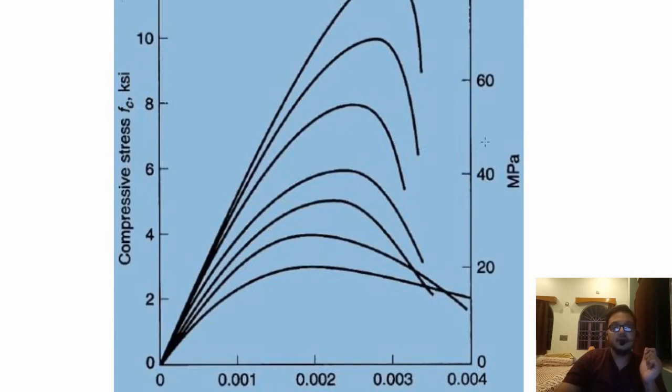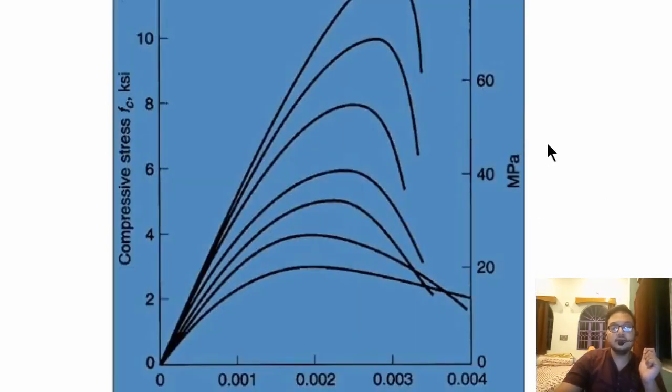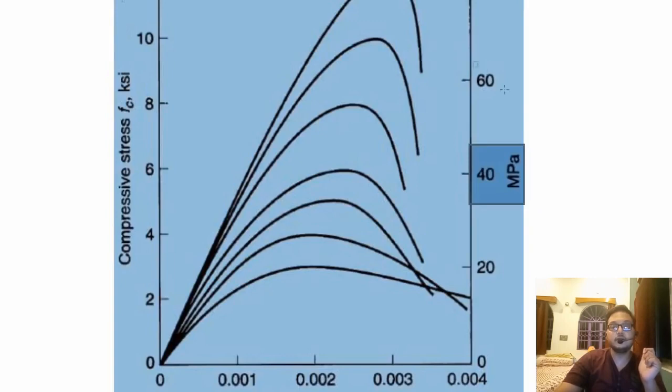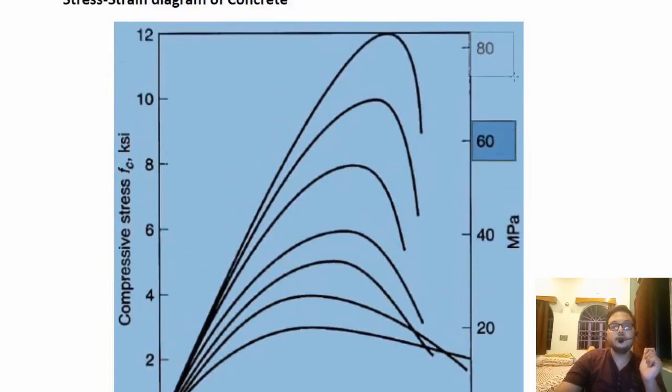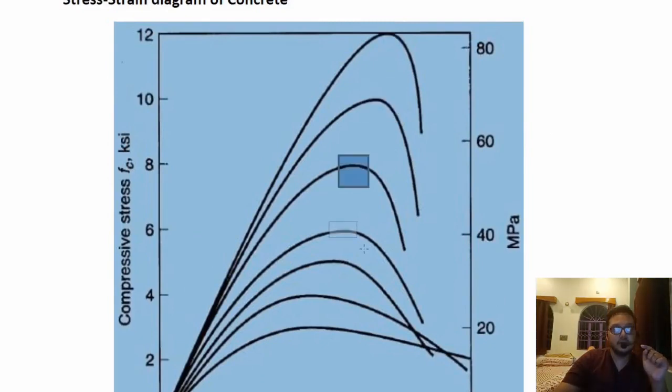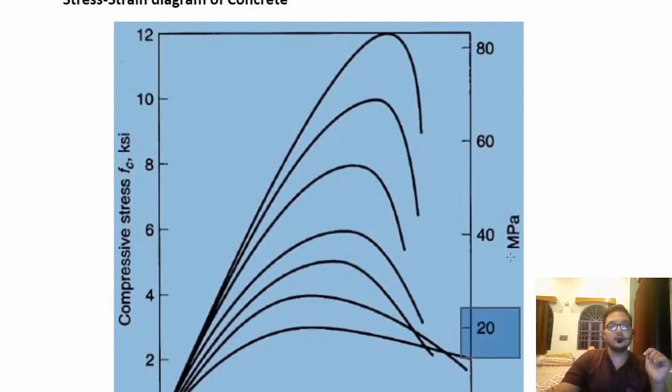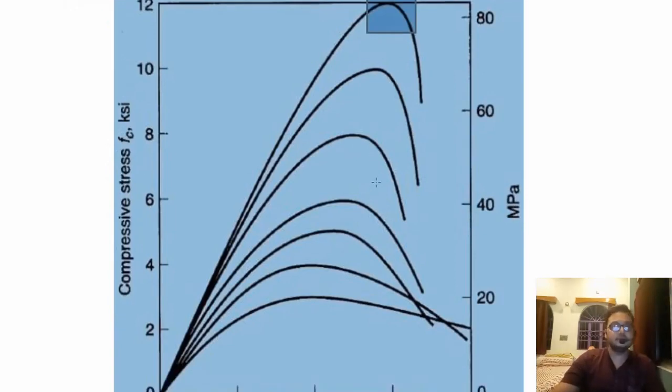But if we increase the strength of the concrete, that is, if we use concretes of some higher grades, then we will achieve the peak values of compressive stress at some higher levels. So for different strengths of concretes, we will receive higher values. As we increase the grade of the concrete, the peak value will also increase.